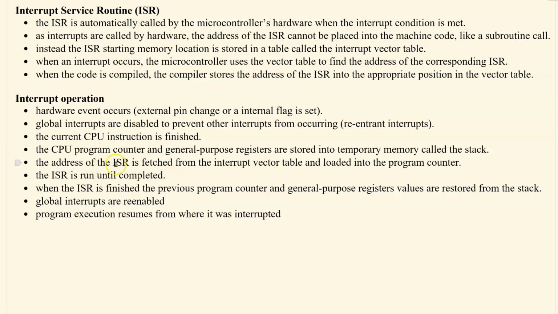Then the address of the ISR is fetched from the interrupt vector table and put into the program counter. The ISR is run until completed. Then when it's finished, the previous program counter and general purpose registers are restored from the stack. Global interrupts are re-enabled and the program runs from where it was interrupted.